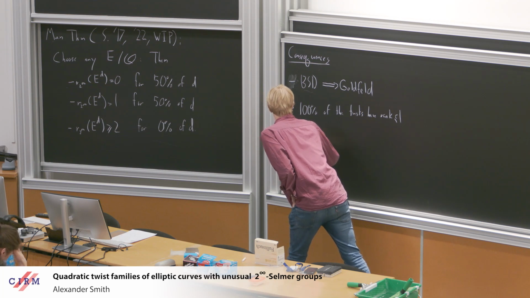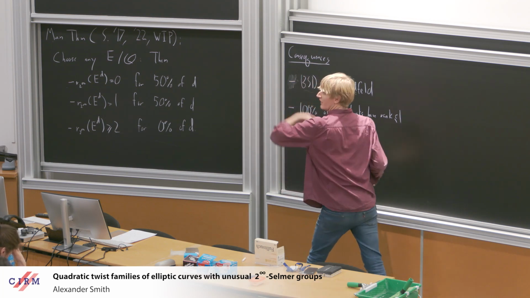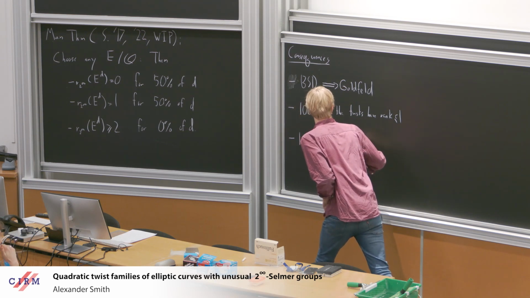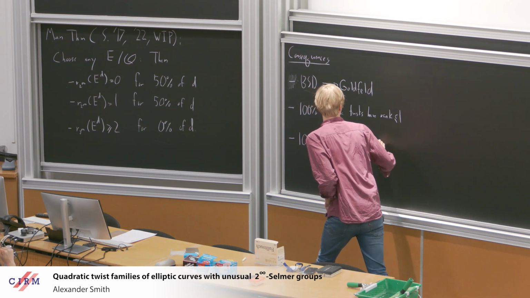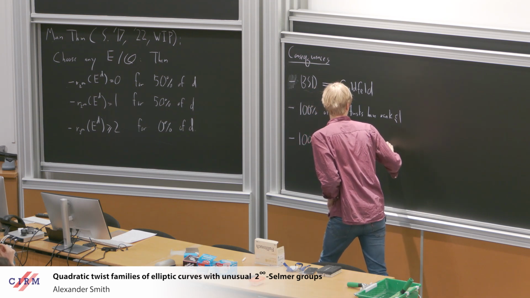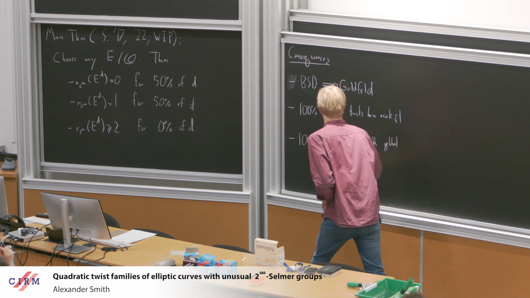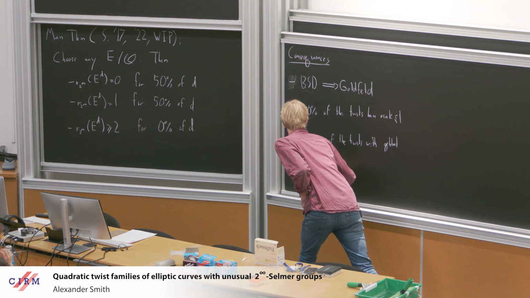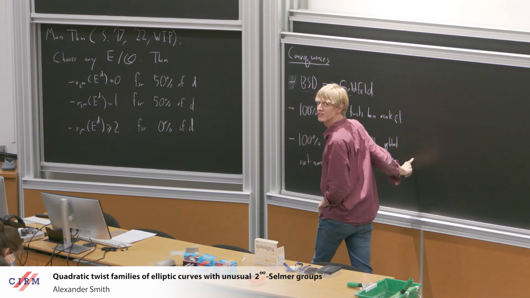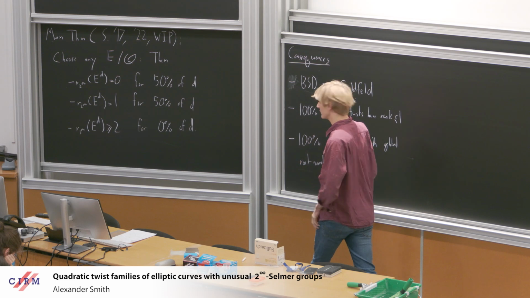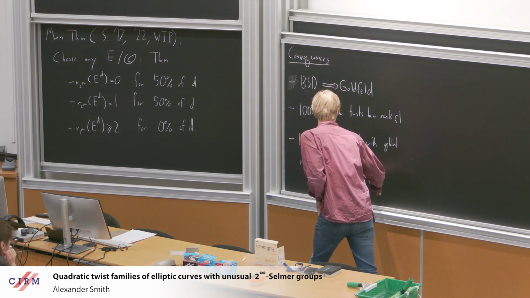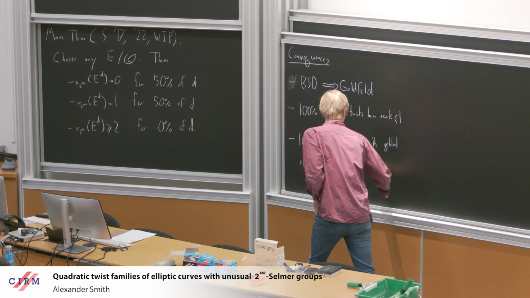And then if we sort of focus in on the case where the analytic rank is even, we have that 100% of the twists with a global root number plus 1, and this is just a synonym for saying that the analytic rank is even, 100% of these have rank 0. Okay.